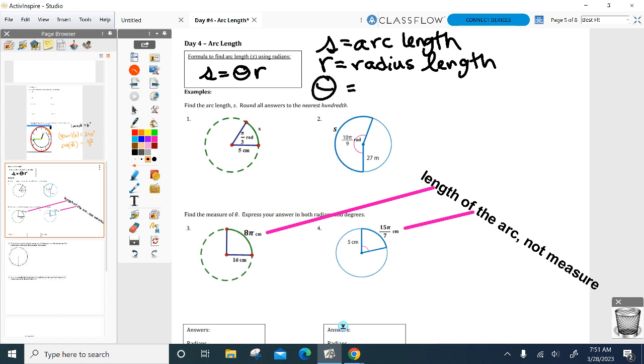It's a Greek symbol. Theta. And what it is is your central angle measure. But ready? In radians. All right, that's my central angle measure, but it's in radians. If it was in degrees, I got a formula for that. That was day 2. But if it's in radians, I'm going to use, some people call this SOR, this one. S equals theta R, SOR.